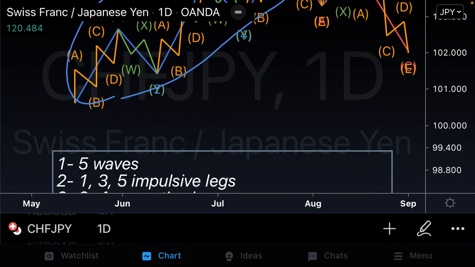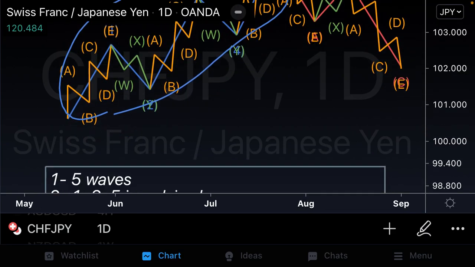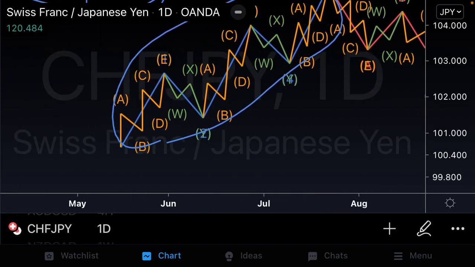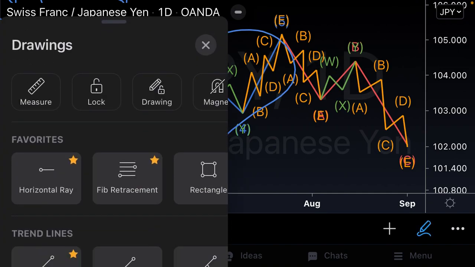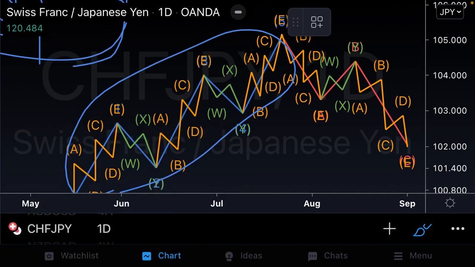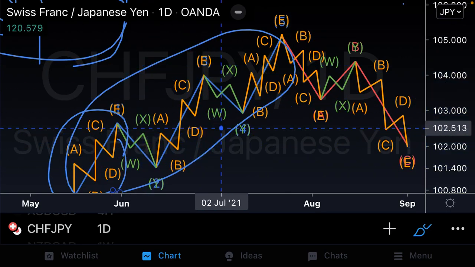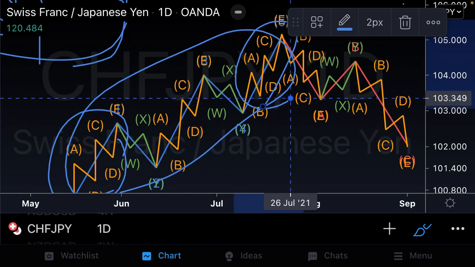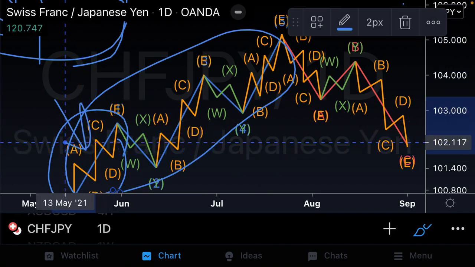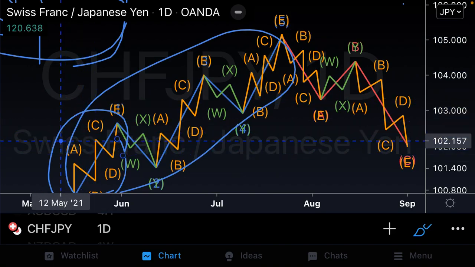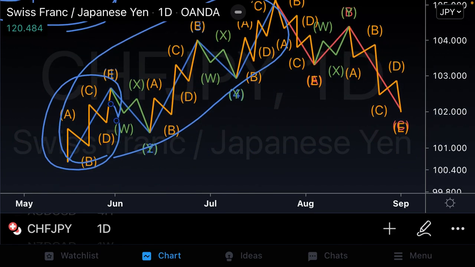And then our second rule, our second guideline, is that wave number 1, wave number 3, and wave number 5 are our impulsive phases. So wave number 1, wave number 3, and wave number 5 are our further smaller impulsive phases. Now, what does that mean for us as traders?